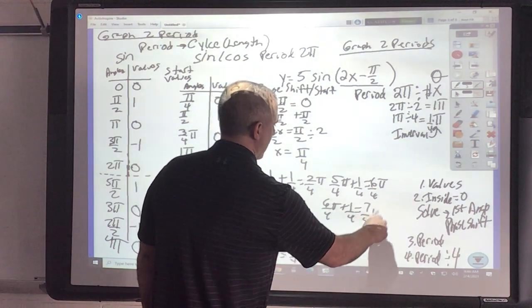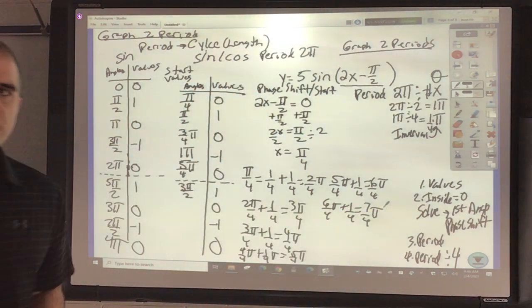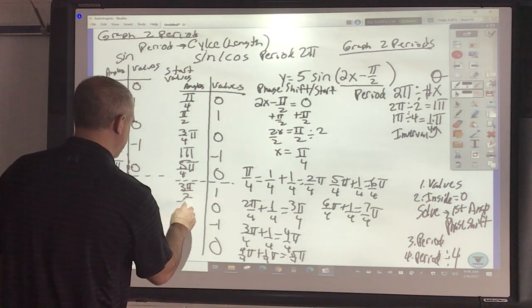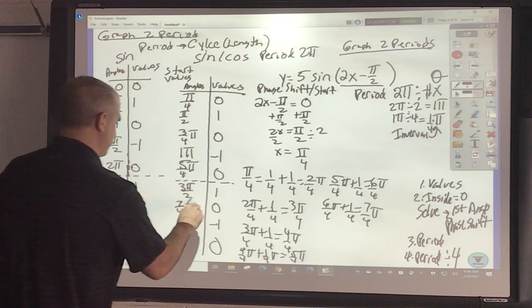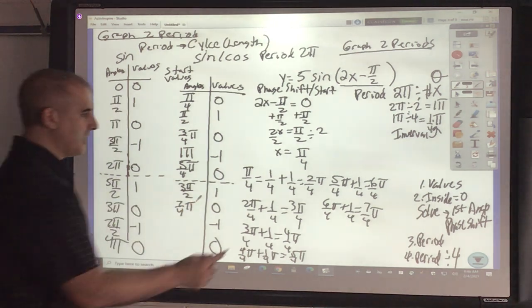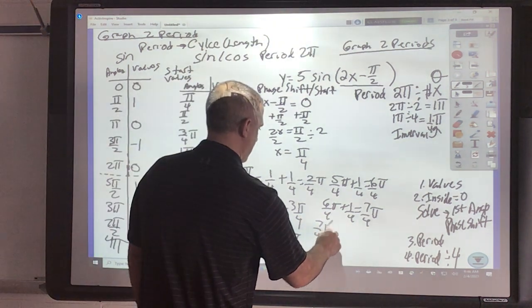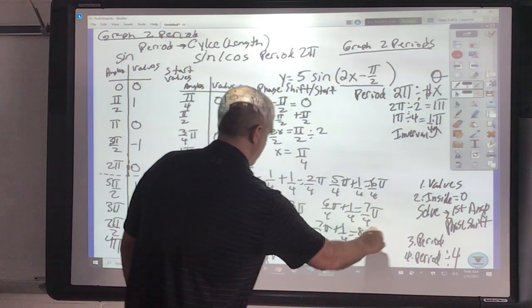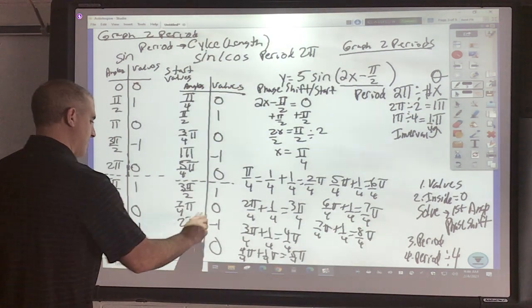This is 7/4 pi. Do you need to write all this down? No. If you can do the calculations in your head, great. So this is 7/4 pi. Then 7/4 pi plus a fourth is 8/4 pi, which means 2 pi.